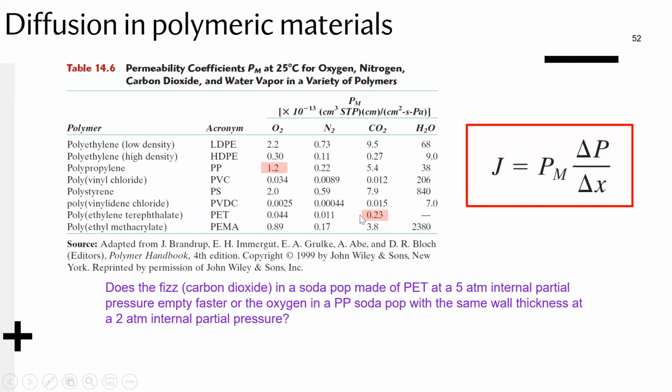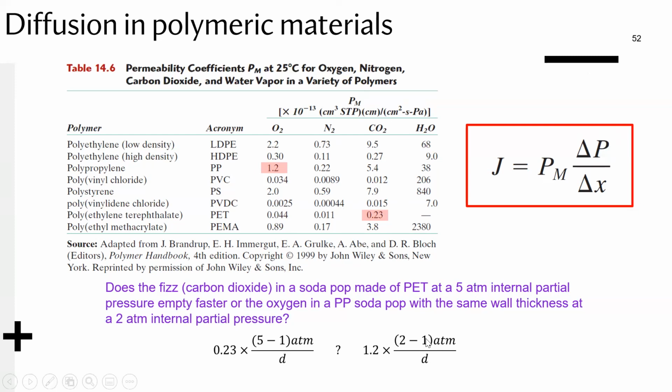So first of all, we figured out what the permeability coefficient is. Now what we're going to do is, well, we know that delta X is similar. We're going to find the difference in pressure. So I'm going to just write that down here. So for the first one, the PET soda pop that has CO2 in it, we have 0.23 times the pressure difference, which is 5 atmospheres minus 1 atmosphere, which is your ambient environmental pressure.